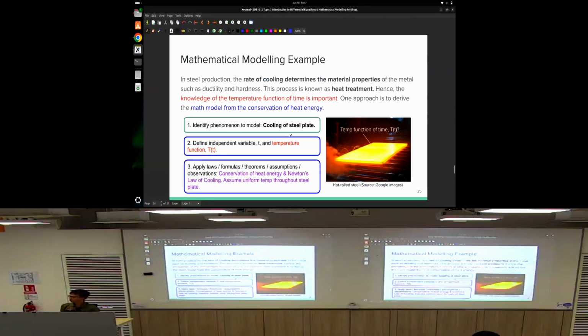The example that I'm going to give here is in the process of steel production. You might have seen videos before whereby there's a blacksmith who forges a sword or a weapon. Usually the steel is heated up to red hot, looking like the picture shown here.